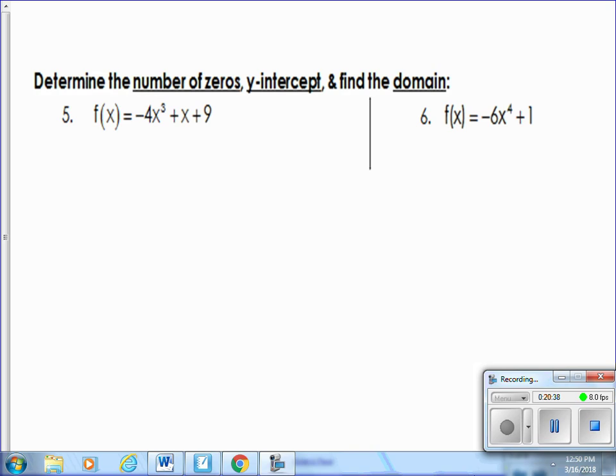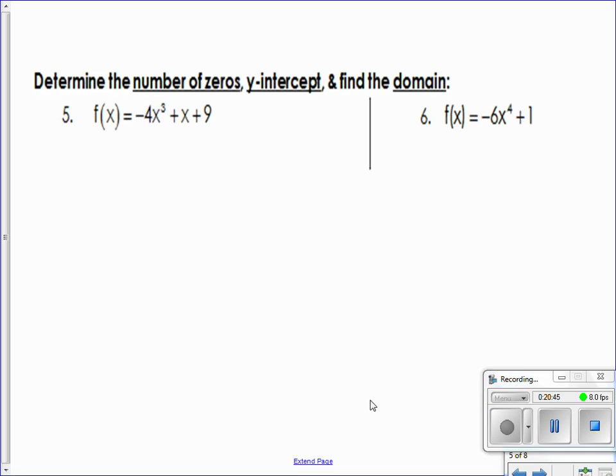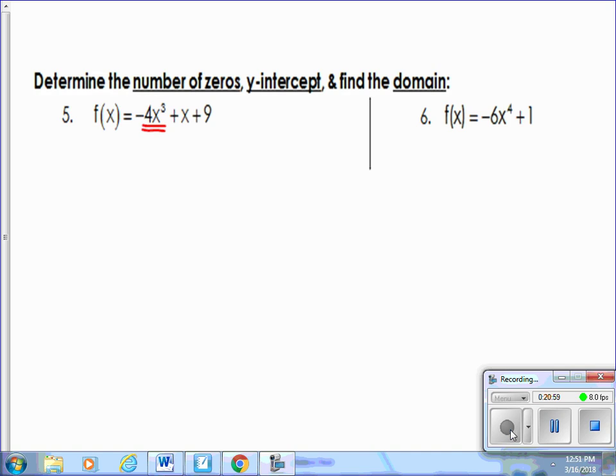All right, the degree is the same thing as the biggest exponent. So if I'm finding the degree of this, that means I'm looking for the biggest exponent in the whole thing. So my biggest exponent happens to be this term, and the exponent here is 3. So if my number of zeros comes from the biggest exponent, then the number of zeros for number 5 is going to be 3, because the biggest exponent is 3.